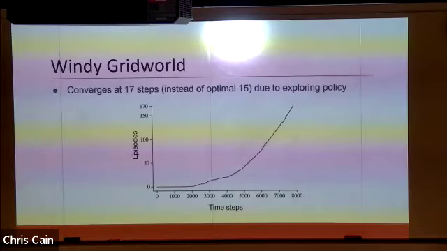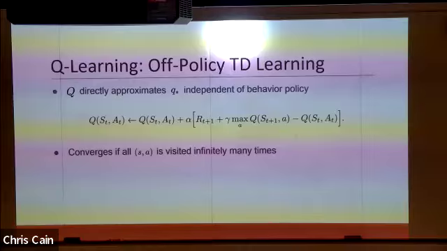Okay, let's talk off policy. So Q-learning is our off policy temporal difference learning algorithm, and it looks a little bit different. What's different between Q-learning's error and Sarsa's? Where is this different?